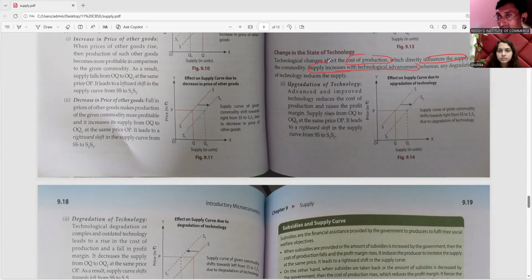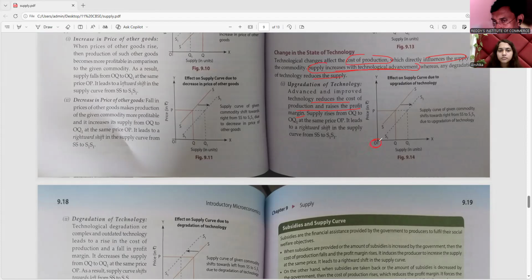Supply increases with technological advancement, whereas any degradation of technology reduces supply. Let's see how improved technology reduces the cost of production and raises the profit margin. Now we will understand with the help of a graphical presentation.